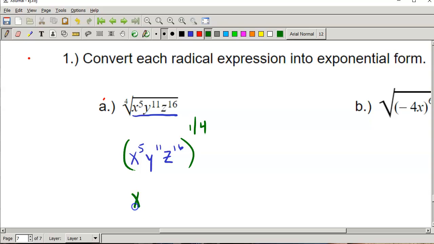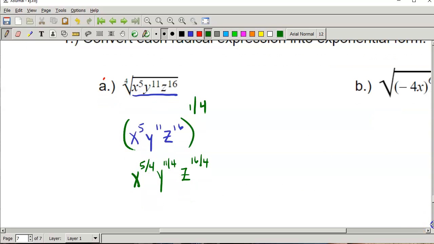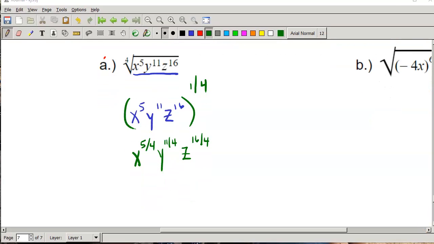So this is going to become x to the 5/4, y to the 11/4, and z to the 16/4, or z to the 4. So final answer, x to the 5/4, y to the 11/4, and z to the 4.